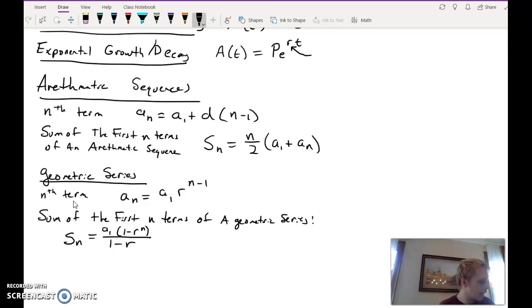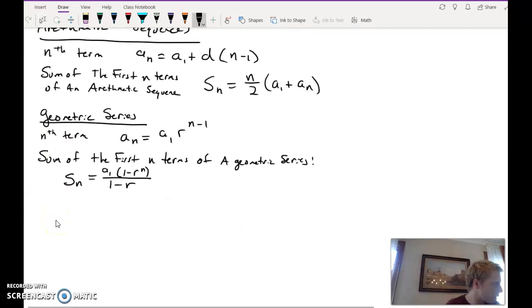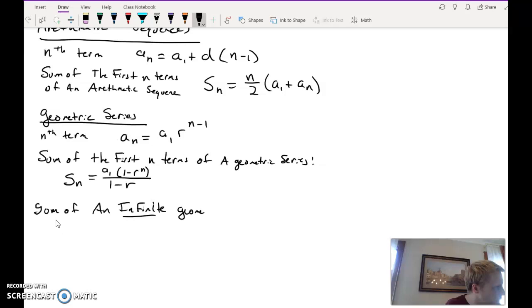And then the last one is the sum of an infinite geometric series. If a geometric series is converging, we can find the sum of the infinite geometric series, I'll put a little infinity here for this one, and it's going to be the first term over 1 minus r.